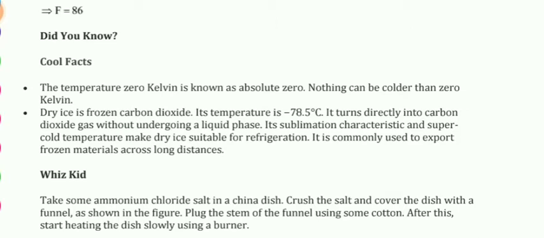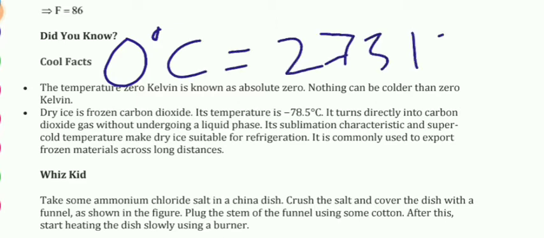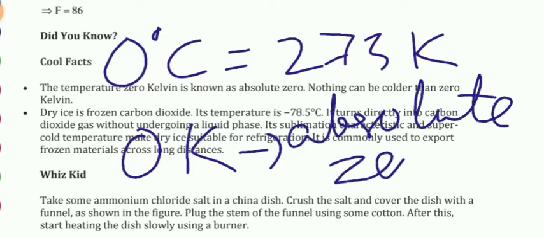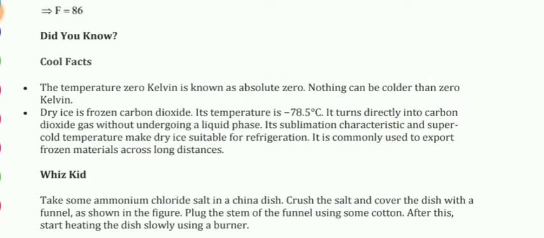Look, in centigrade, 0 degree centigrade is equal to 273 Kelvin, but 0 Kelvin is known as what? Absolute zero. And no substance has a temperature below this. Below absolute zero, right? Means the minimum temperature that can exist is 0 Kelvin.